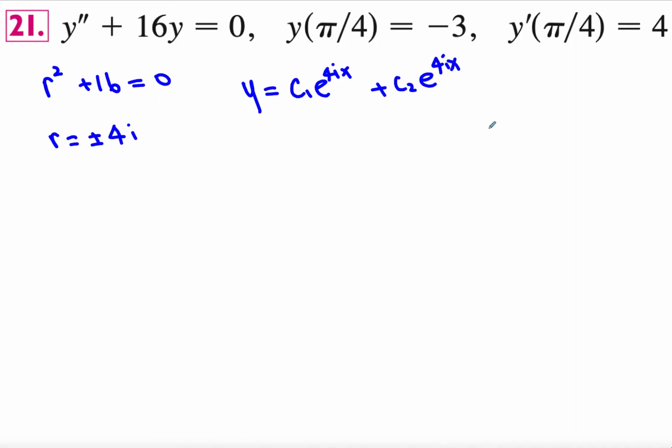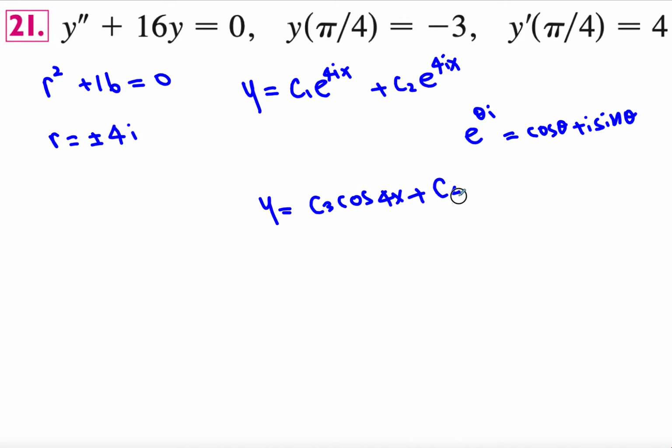And if you remember, e to the i theta is equal to cosine theta plus i sine theta. Then what we end up getting is c sub 3 cosine of 4x plus c sub 4 sine of 4x. So that's what we end up getting.